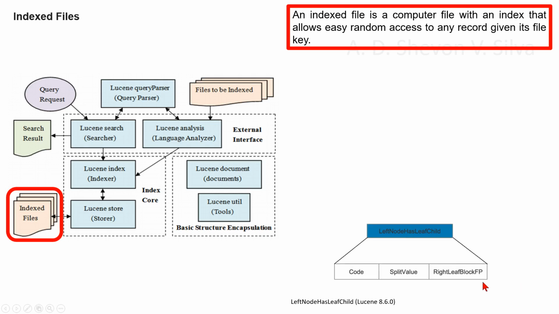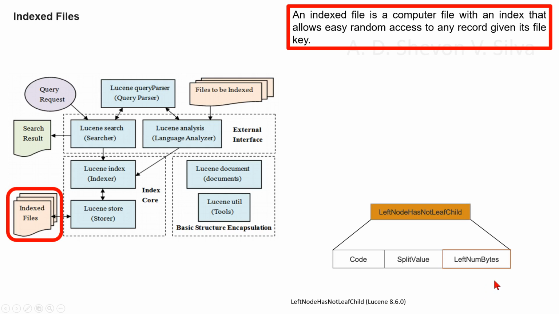Here you can see left node has leaf child. You can see the code, the split value, and right leaf block FP describe the same meaning. The left node has leaf child consists of code, split value, right leaf block FP.